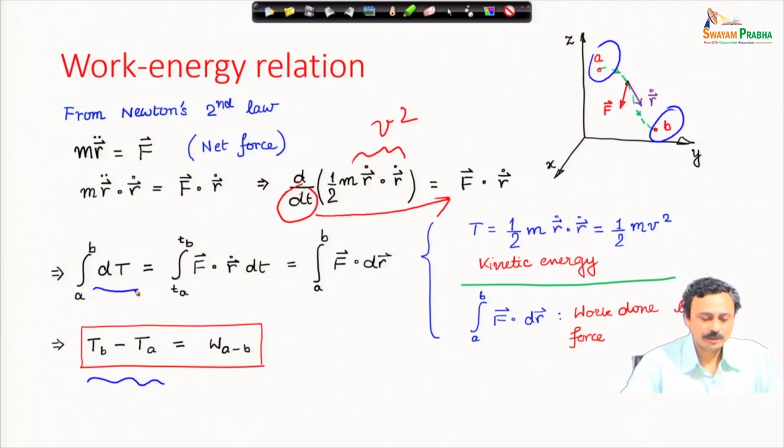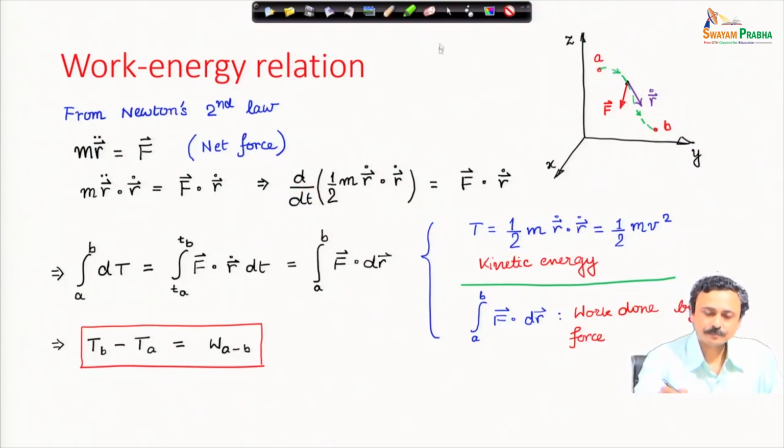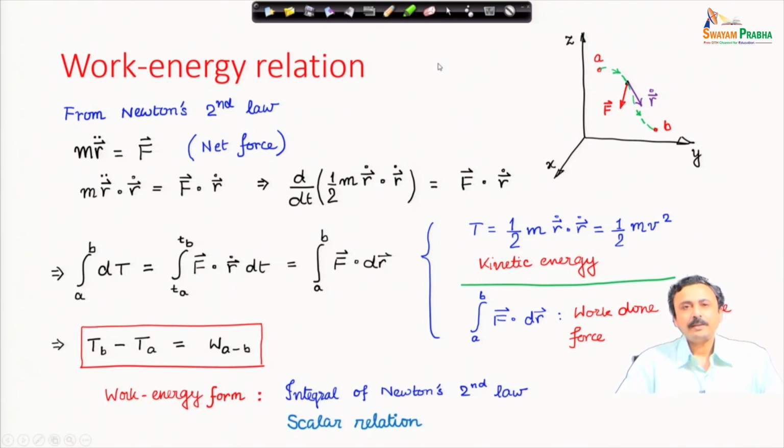It is quite straightforward, and that is equal to the work done as the particle moves from A to B. This is the work done by the applied force, the net force that is acting on the particle, as the particle moves from position A to position B. This is known as the work energy form of Newton's second law.